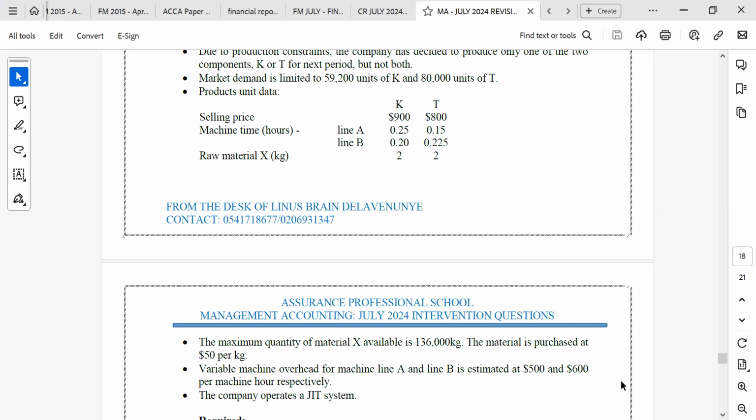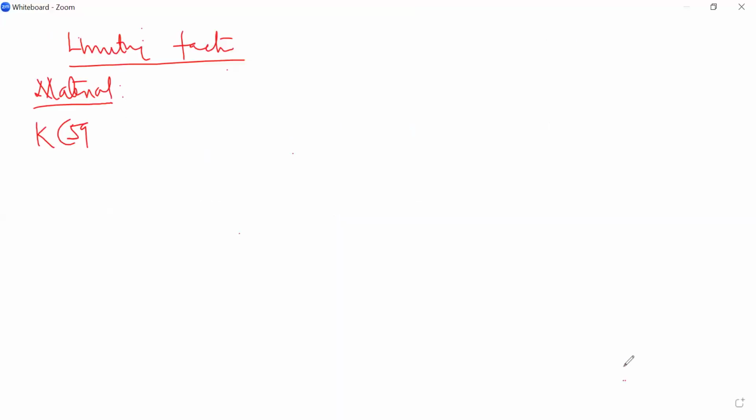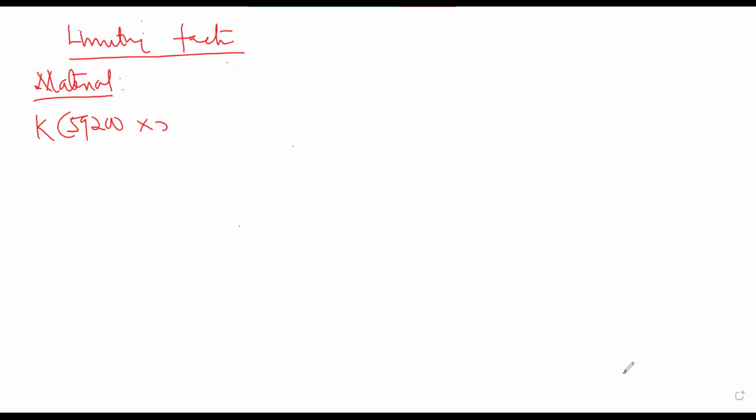We are producing 59,200, multiplied by 2. We are going to be having 118,400 kilogram.